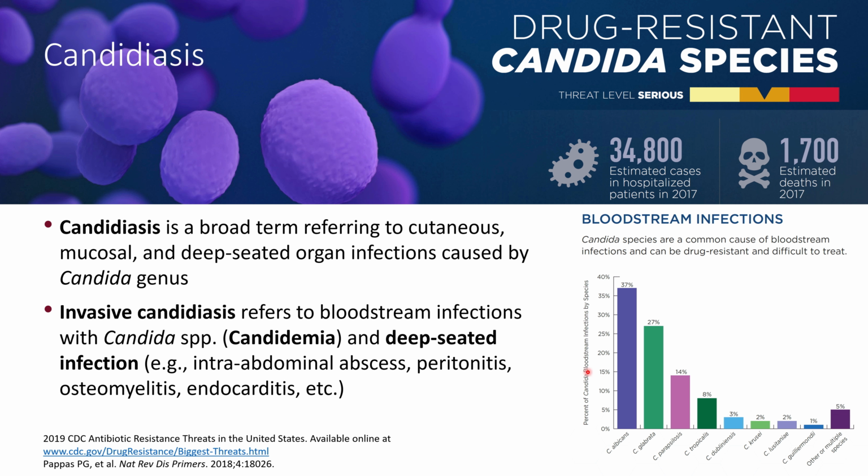And you can see different species of candida. So candida albicans causes the most infections, followed by, and this is specifically in the blood. In fact, candidiasis is an umbrella term referring to cutaneous, mucosal, and deep-seated organ infections.